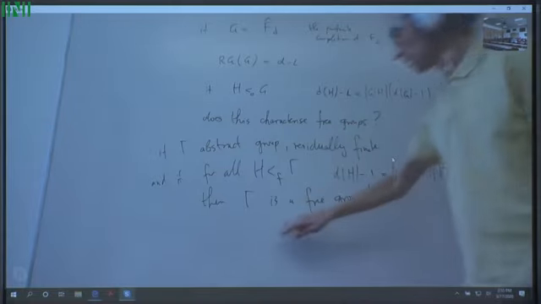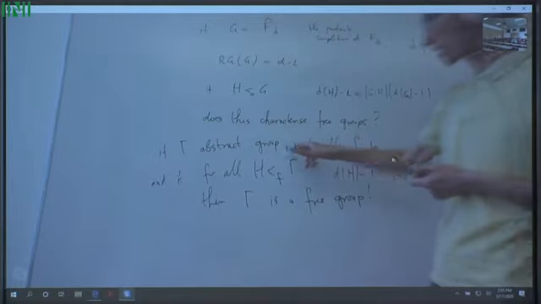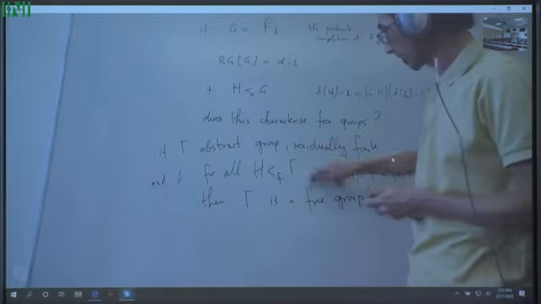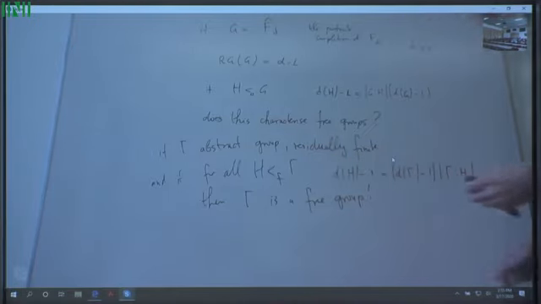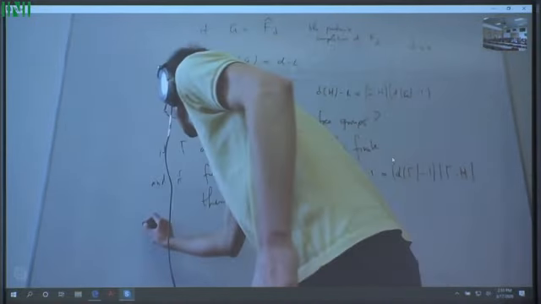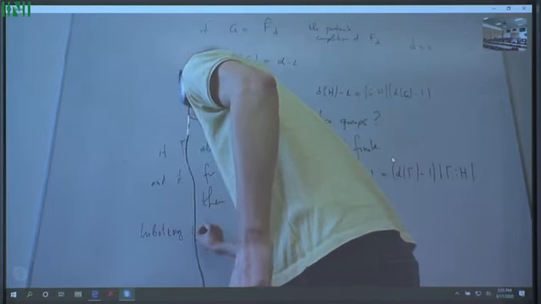So this problem has a nice history. It was actually asked by Lubotsky and Van den Dries.